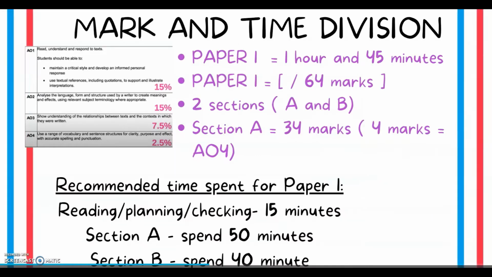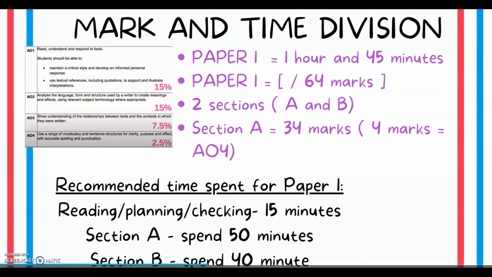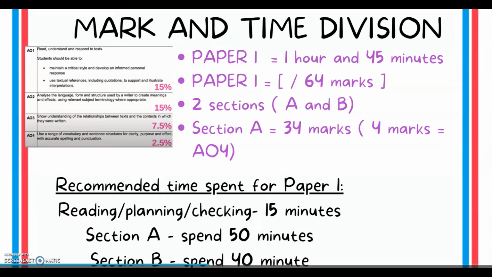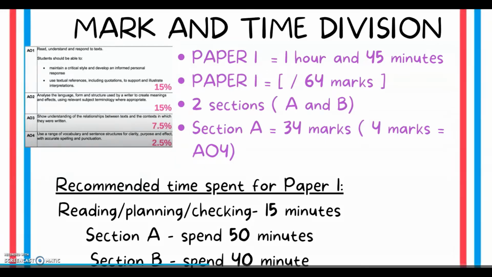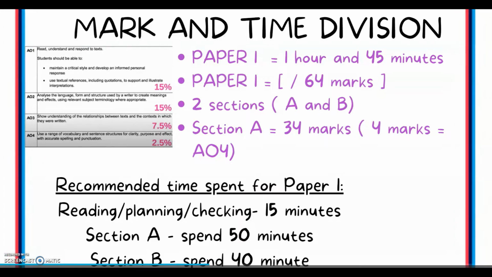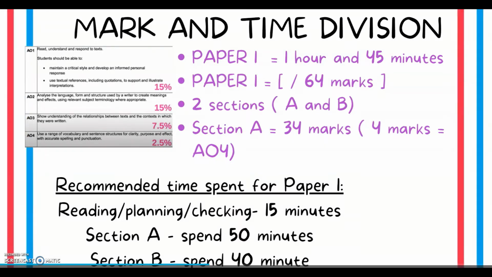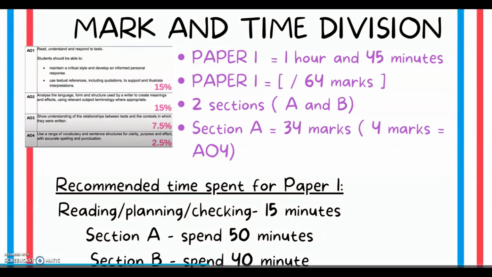Now the next slide is all about mark and time divisions. The percentages actually mean what percentage that assessment objective consumes of the total mark for that paper. So, for Paper 1, you have 1 hour and 45 minutes for Section A and Section B. And it's out of 64 marks, with 34 marks being for Section A and 30 marks being for Section B. Why the extra 4 marks?